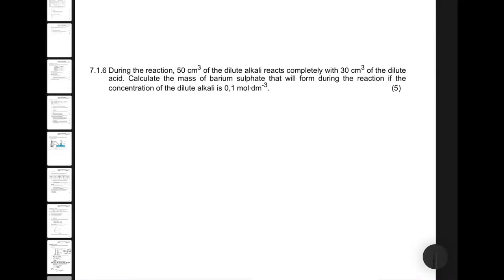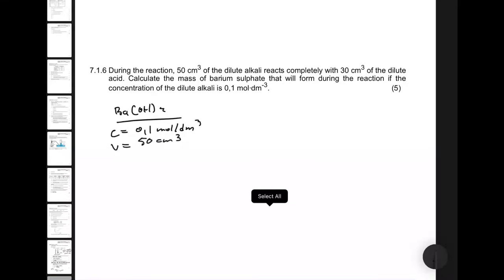So we have the dilute alkali, Ba(OH)2, right? And then we are given the concentration. It is said to be 0.1 mole per dm³, and then we are given the volume, which is said to be 50 cm³.